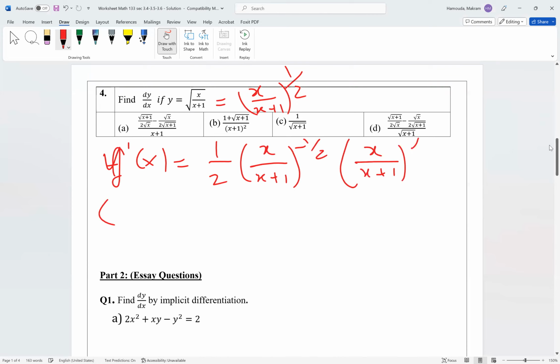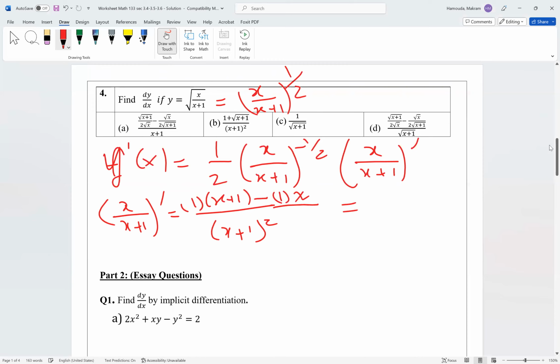So I will compute the derivative of x over x plus 1 using the quotient rule. It's over x plus 1 squared, and in the numerator, the derivative of x, that's 1, times x plus 1, minus the derivative of x plus 1, that's again 1, times x.